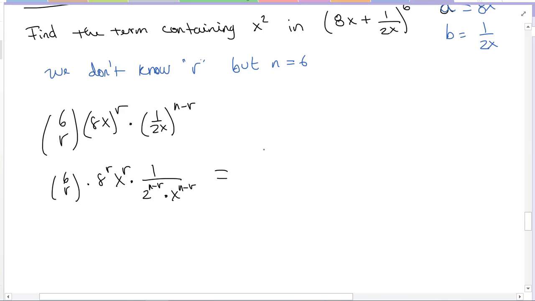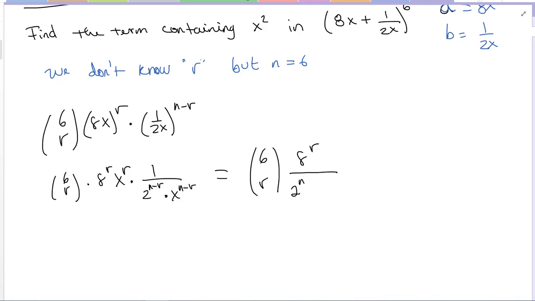So 6 choose r times, combine the 8s. So I'm going to have 8 to the r over 2 to the n minus r. Well, we do know that n is 6. So let me insert our 6 for the n to make it better. So 6 minus r, 6 minus r, 6 minus r, because we know already that n is 6.